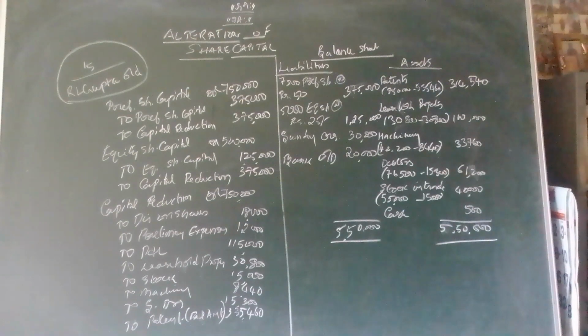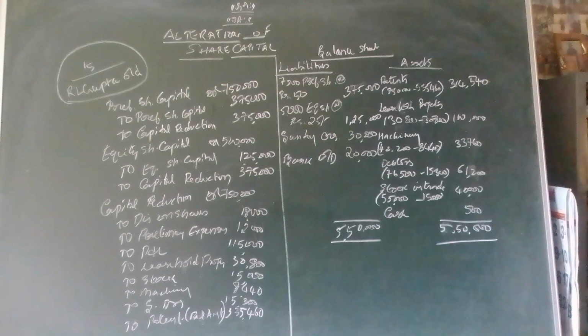Then machinery, the same thing, adjusting the amount as per the condition given in the question and entry number 3. Then debtors and stock, for both items we adjust the amount specified in the question. And the untouched item is cash in hand, since we have not paid anything with cash.